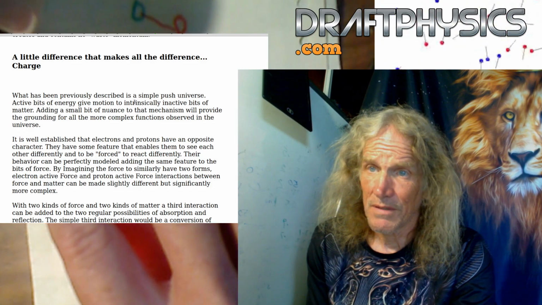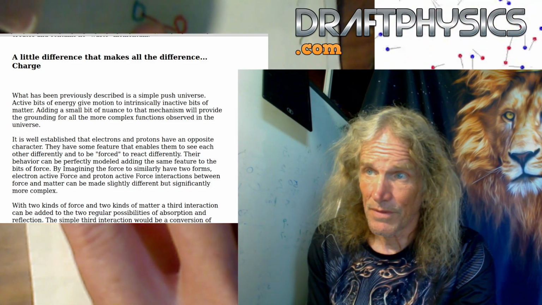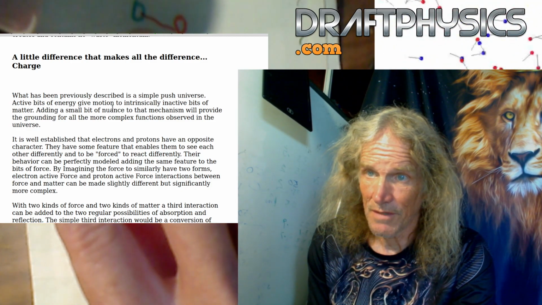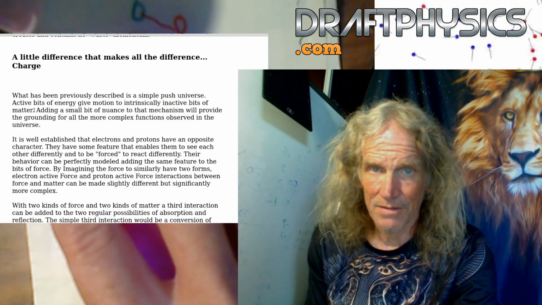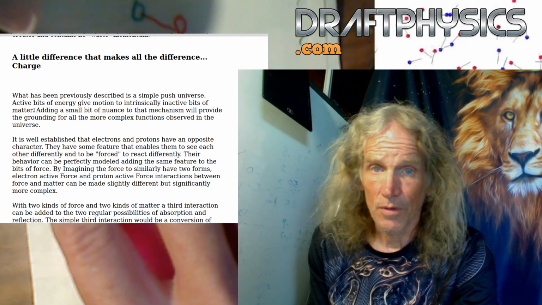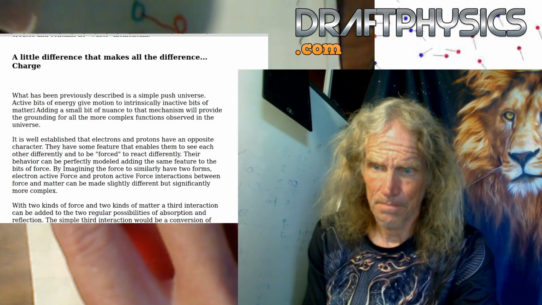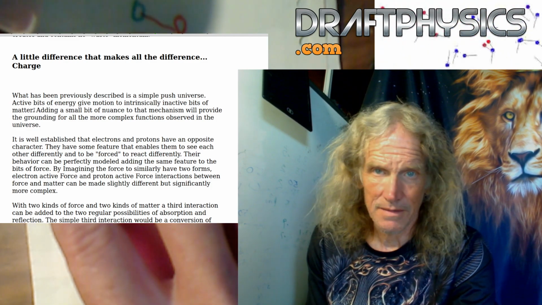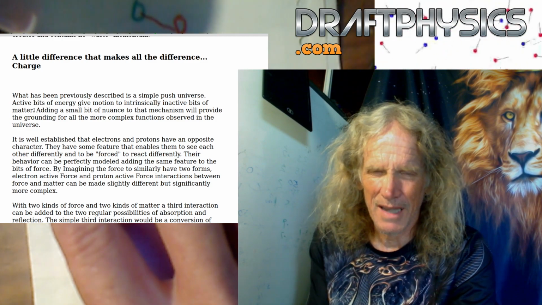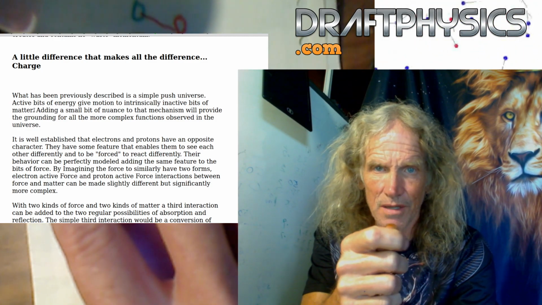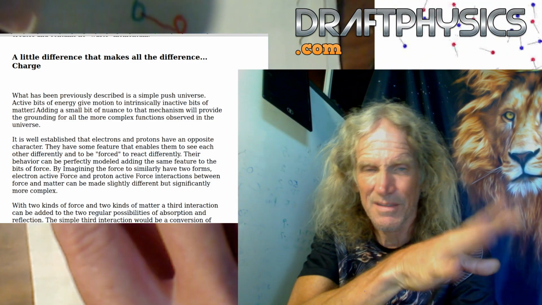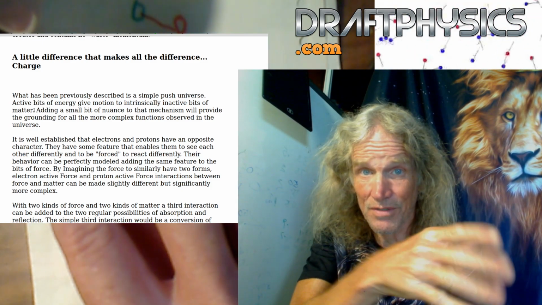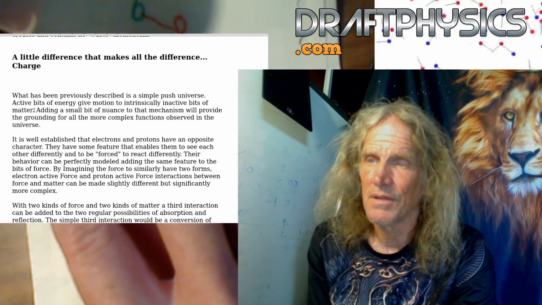What has been previously described as a simple push universe, active bits of energy give motion to intrinsically inactive bits of matter. So the matter is dead, and the force pushes it around, and through that mechanism, matter acts as a catalyst, essentially, and allows force to interact with force, especially the electron force to interact with the proton force.